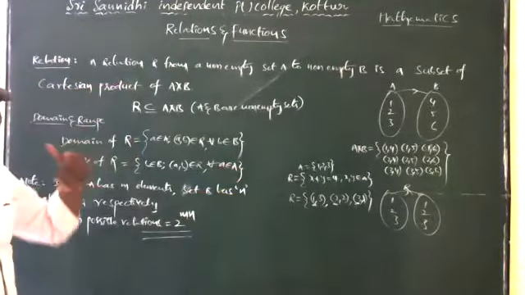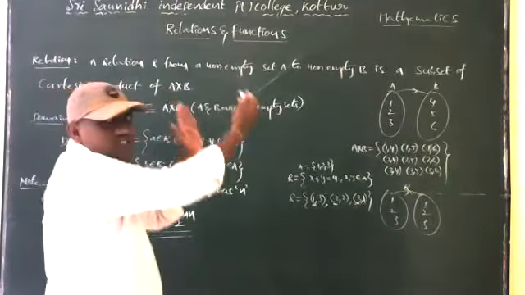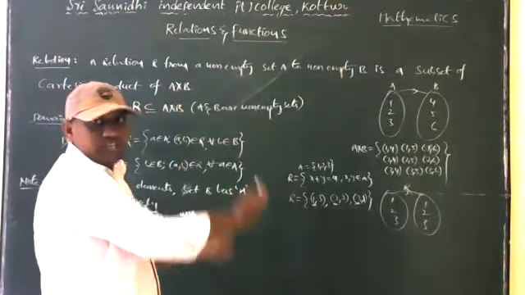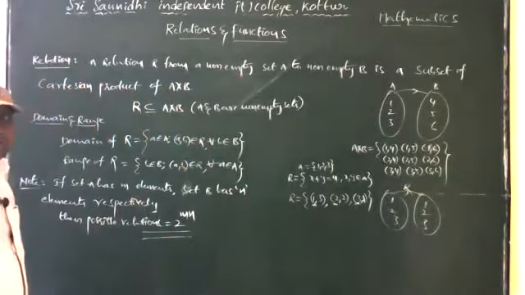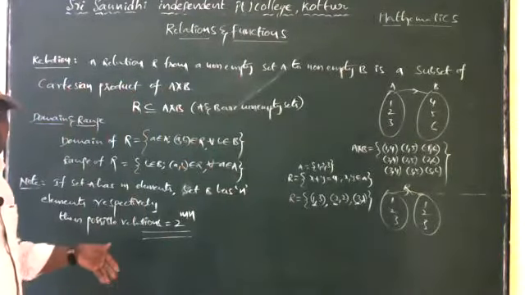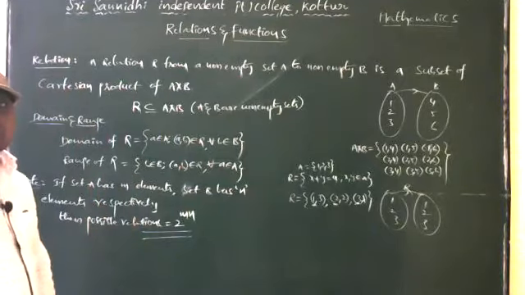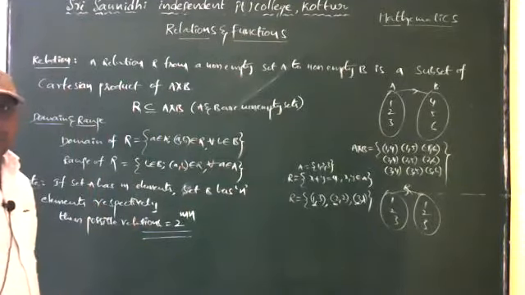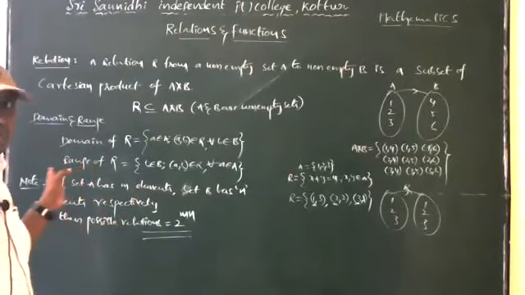Then what is meant by codomain? Codomain is nothing but all elements of set B. Right? Range is different, codomain is different. Range is always a subset or equal to the codomain. Clear?